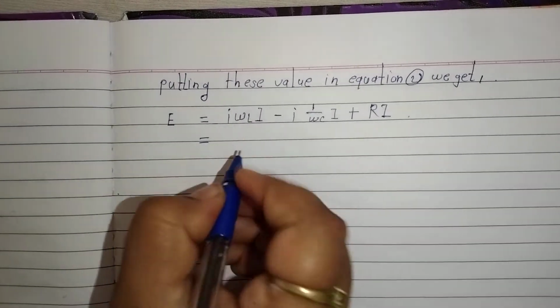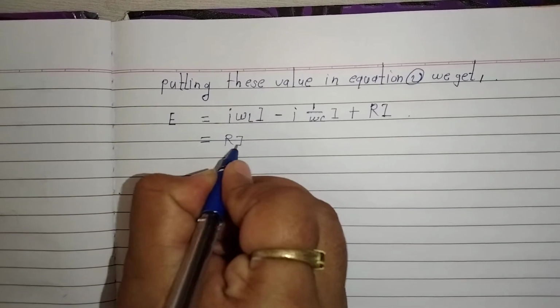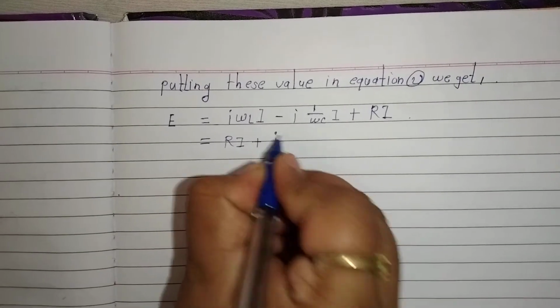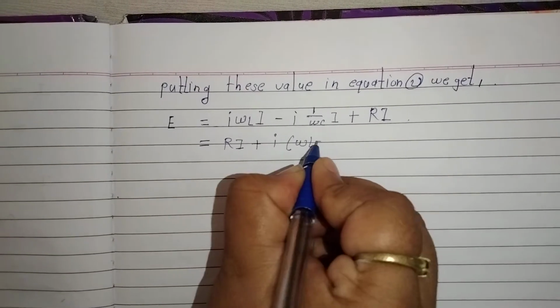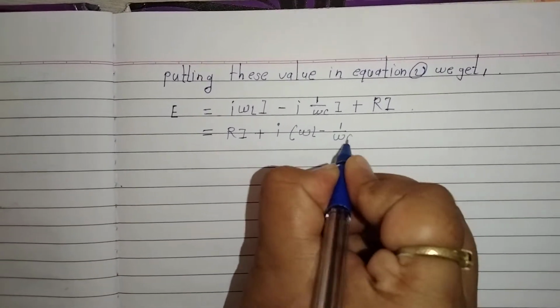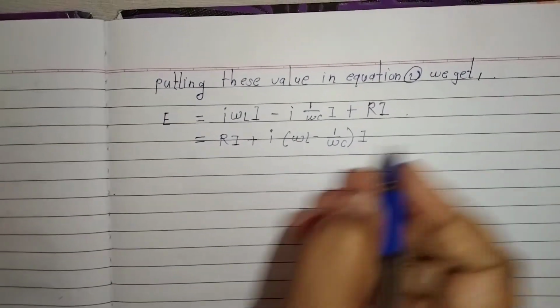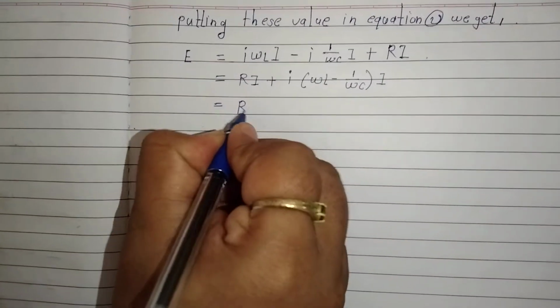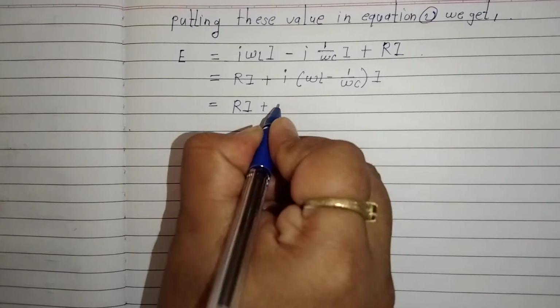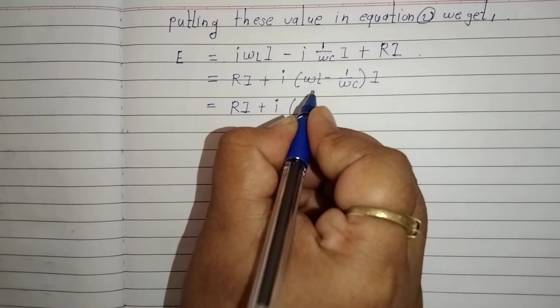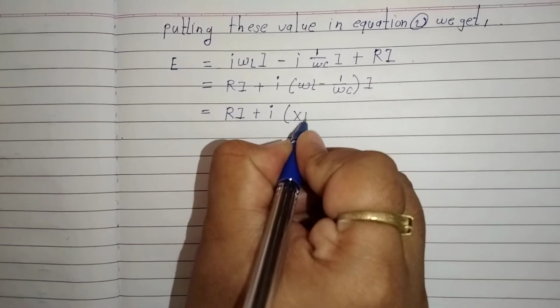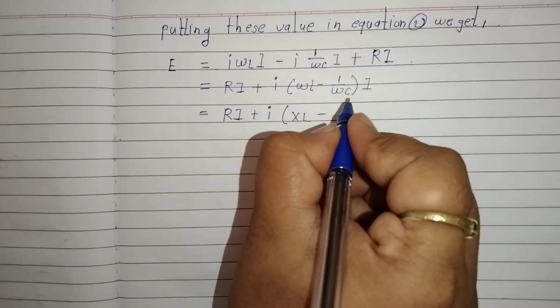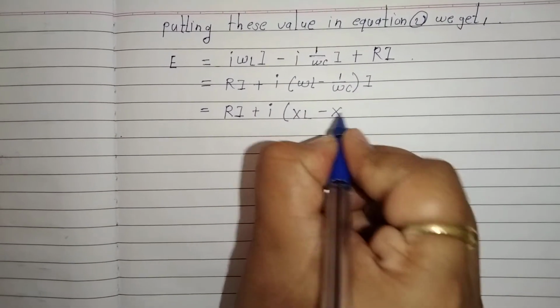Simplifying, this is R I plus i, which will be common, omega L minus 1 by omega C into I, which equals R I plus i, where omega L is XL and 1 by omega C is XC.